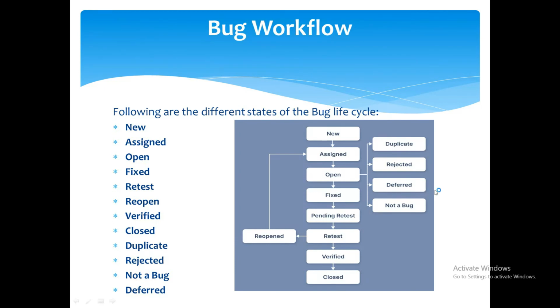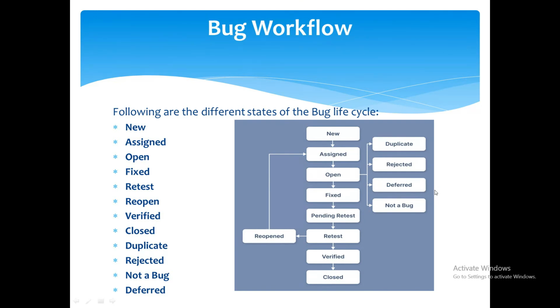Verified. The tester tests the bug again after it got fixed by the developer. If the bug is not present in the software, he approves that the bug is fixed and changes the status to verified. Then reopen.